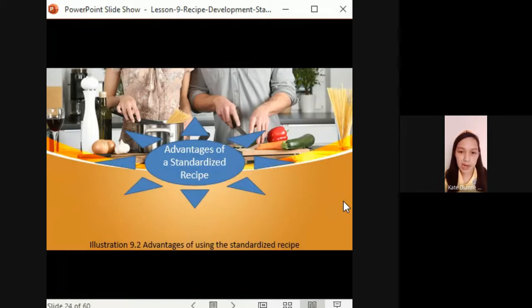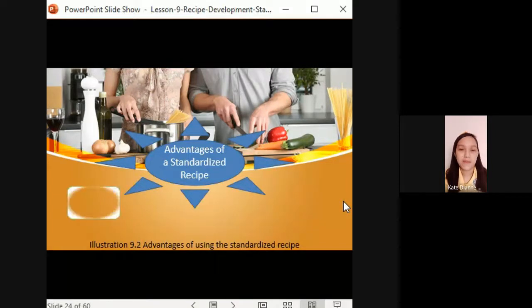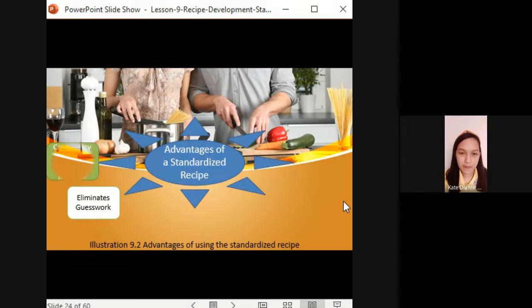These are the advantages of standardized recipe. First, eliminates guesswork. List down those advantages because we're having Q&A later about our discussion. Next is the consistency and high quality products.